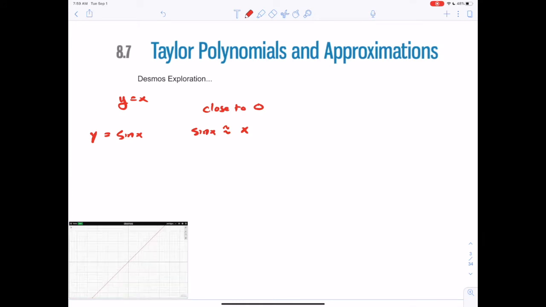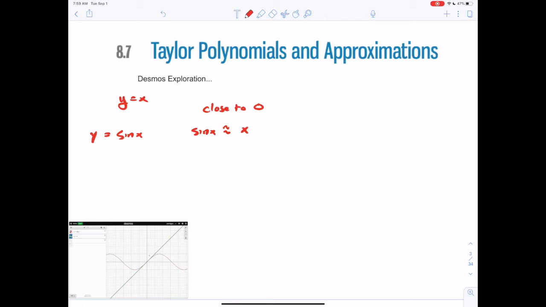So here's what I'm going to do. Well, how close was it? What I'm going to do here is graph y equals x. So obviously the green graph is the linear function. The red graph is the sine function here.